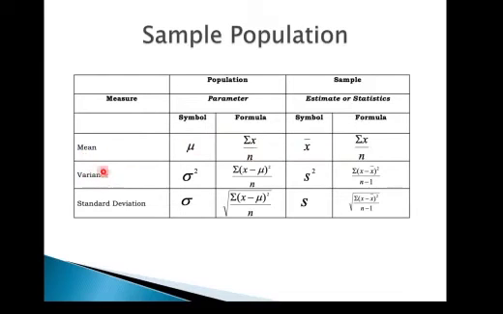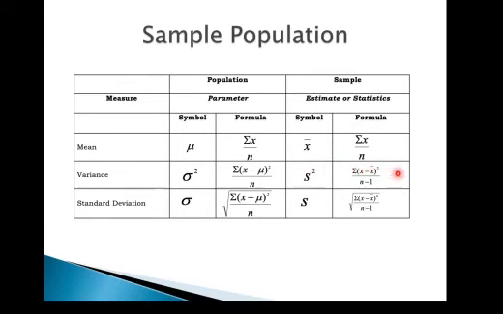Now, we look at the variance. The variance has the symbol sigma squared. This is the symbol that I used a while ago, and this is the formula we showed you: the sum of the squared deviations from the mean divided by n, which is the average of the squared deviation from the mean. Then look at the symbol for the sample: the sample variance, s squared.